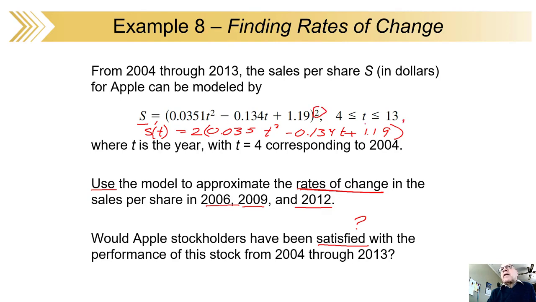Now you take the derivative of what's inside. The derivative of the first part, take the 2 out front, 0.07, t squared becomes a t. The derivative of the middle one just becomes negative 0.134, and the derivative of the constant is a 0, and there's your derivative.